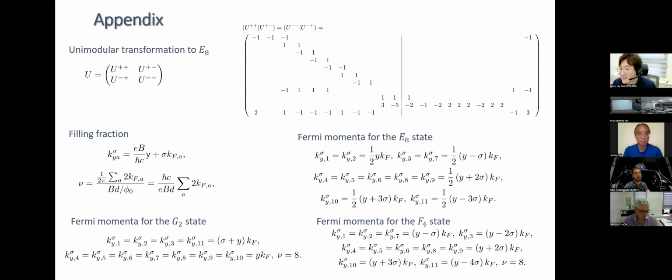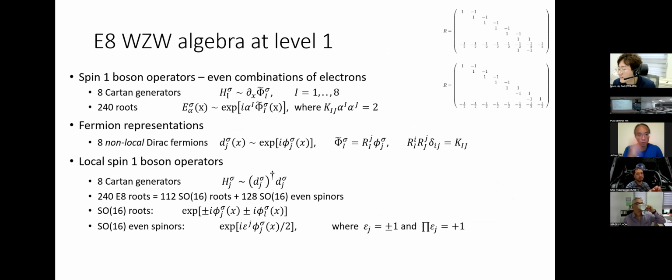Okay, so maybe I can also spend one page on summarizing the Kac-Moody algebra. The E8 algebra contains 240 operators, all of them spin 1 bosons. It's actually not too difficult to understand them using the bosonized variables. The 8 Cartan generators are just given by dx phi theta, where these phi theta are the generators for the E8 simple roots.